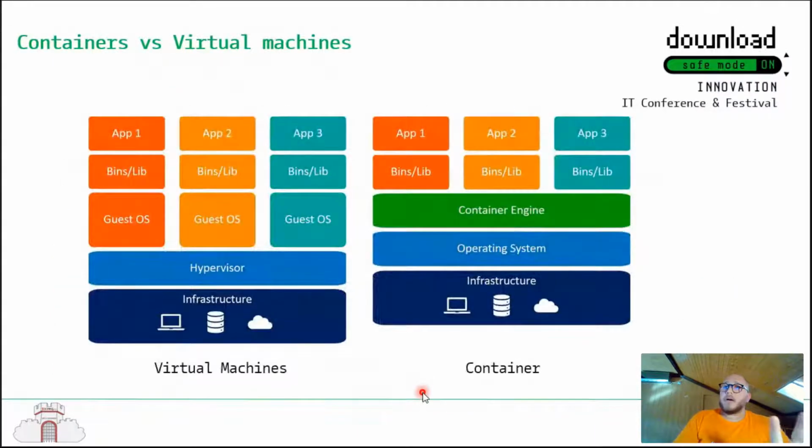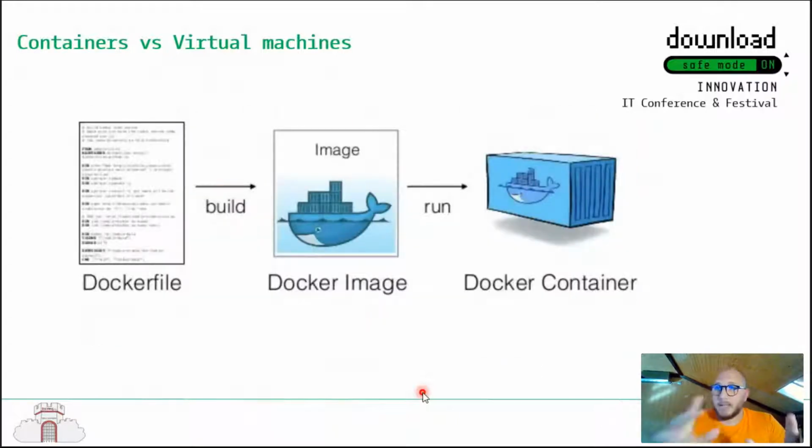So until now, we've seen the difference between containers and virtual machines. Now we've talked about Docker. Let's see the three components that help us make a container. First of all, we have a Dockerfile. The Dockerfile is like a recipe.